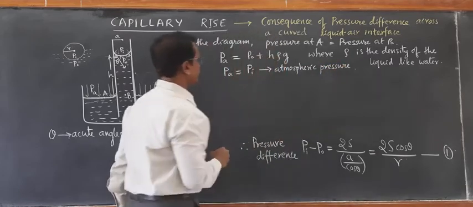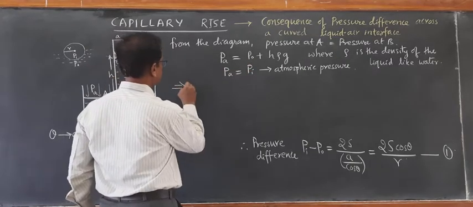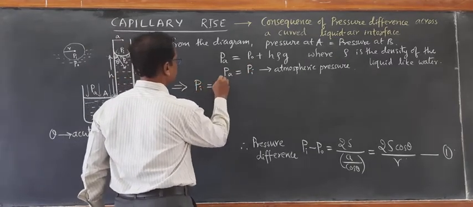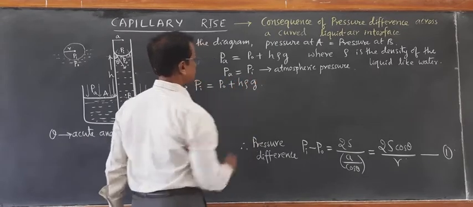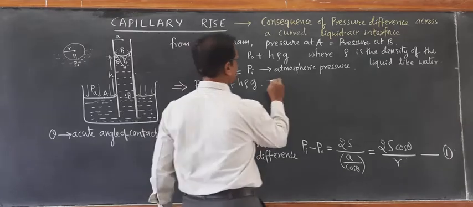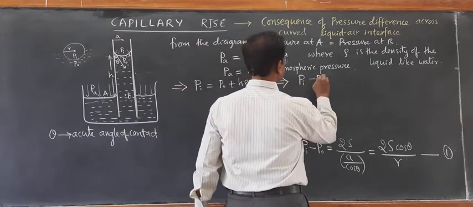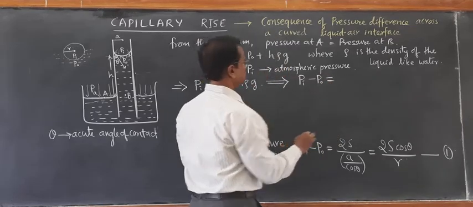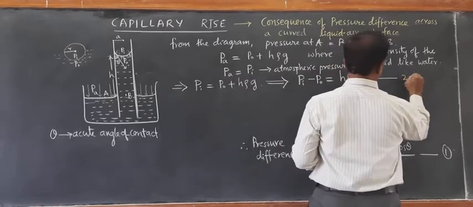So from this I can write Pi is equal to P naught plus H rho G. This implies Pi minus P naught is equal to H rho G. Call this equation 2.